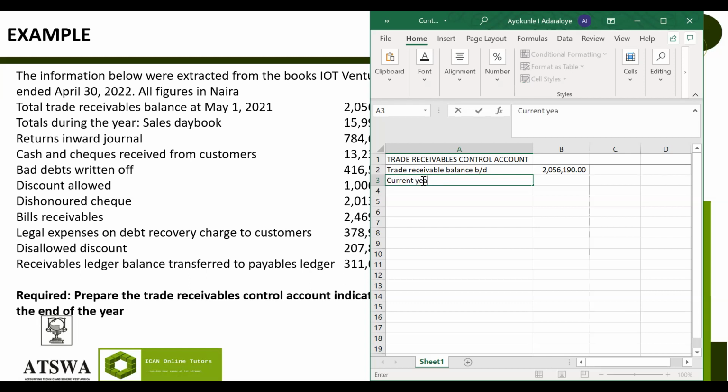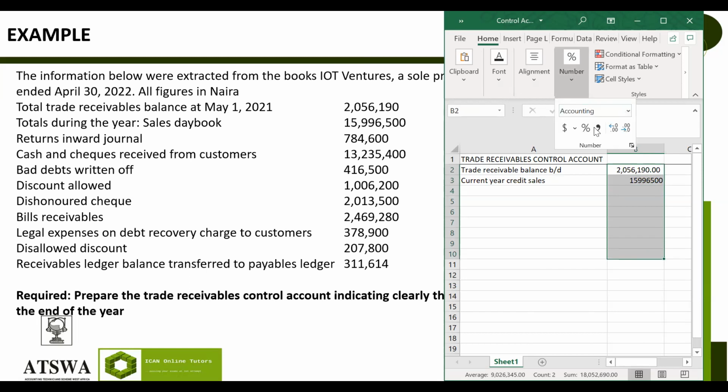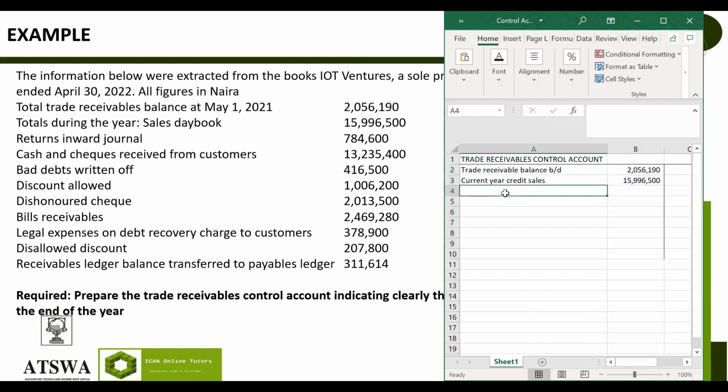Let me just write it in simple English: current year credit sales. How much is it? 15,996,500. Hold on, please.